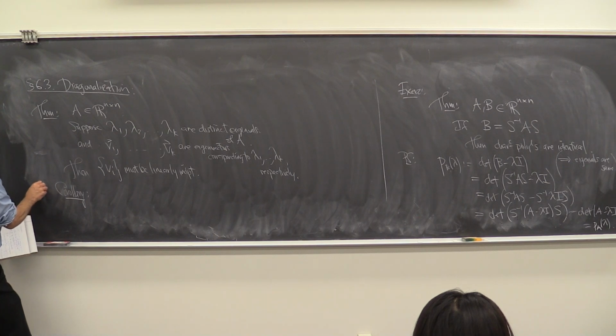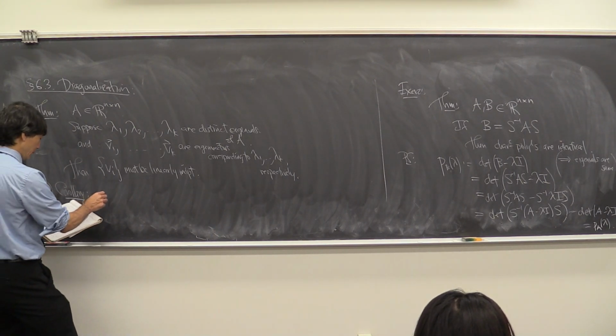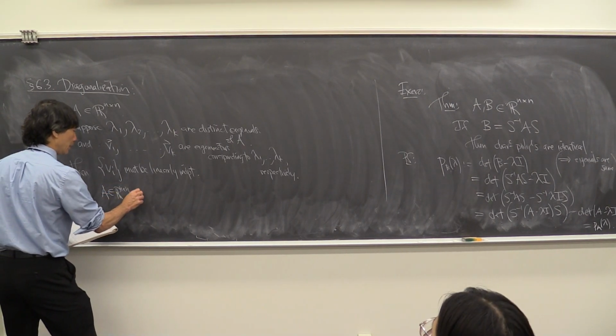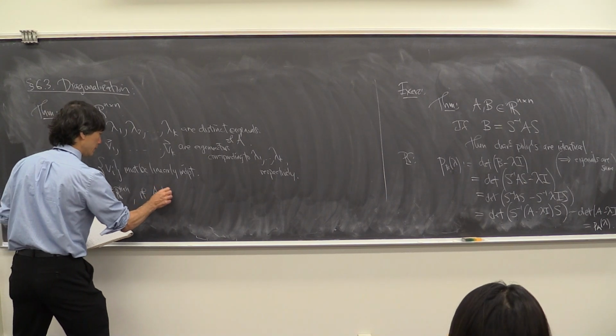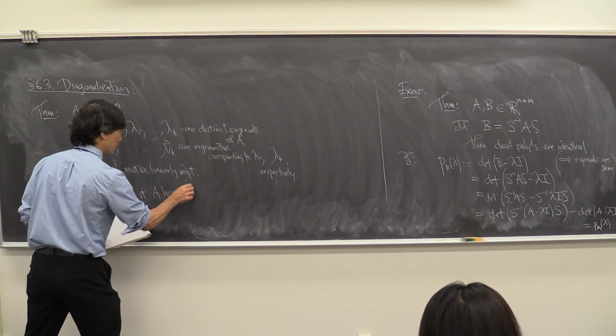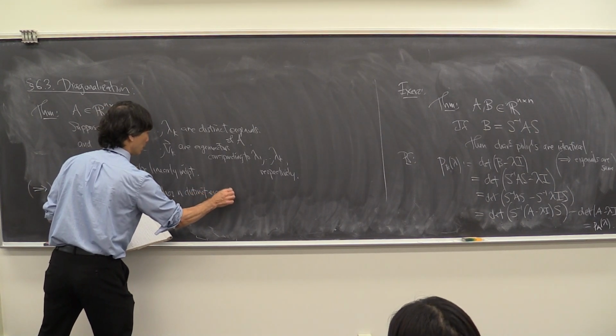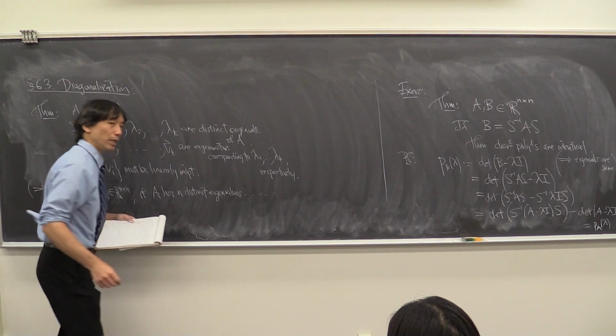So this theorem implies a corollary, which is that again, if you have a square matrix, and if A has n distinct eigenvalues, then what?